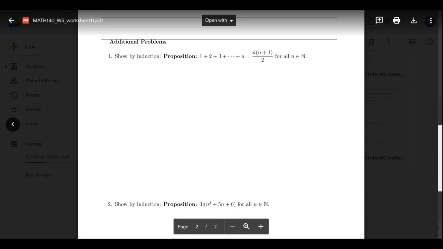Yeah, it's red, looks good. Michael, you need to write down P of 1, where you get 2 raised to 0, 1 equals 1, which is true, right?